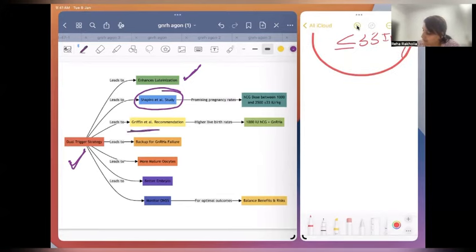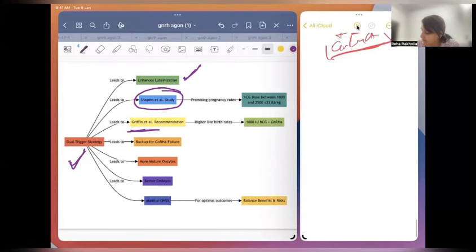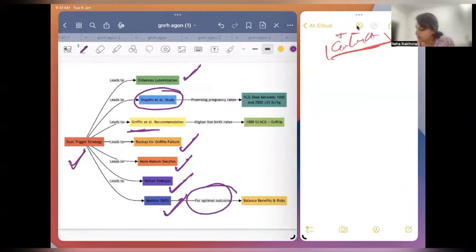Then Griffin et al. recommended 1000 international units HCG plus GnRH agonist, which causes a higher pregnancy rate. Third is backup for GnRH agonist failure, more mature oocytes, better embryos, and monitoring for OHSS for optimal outcome, balancing benefit and risk.